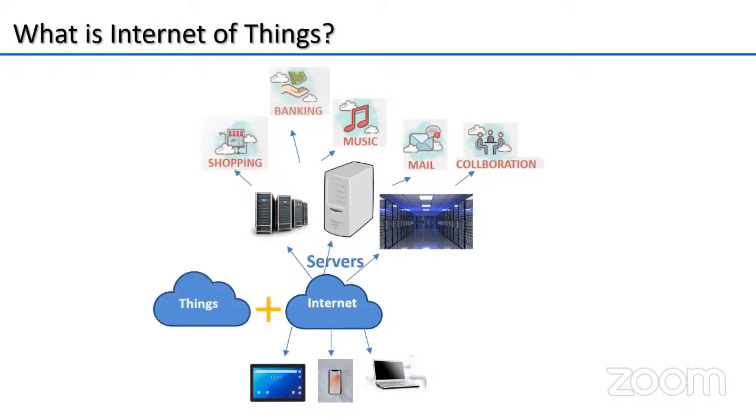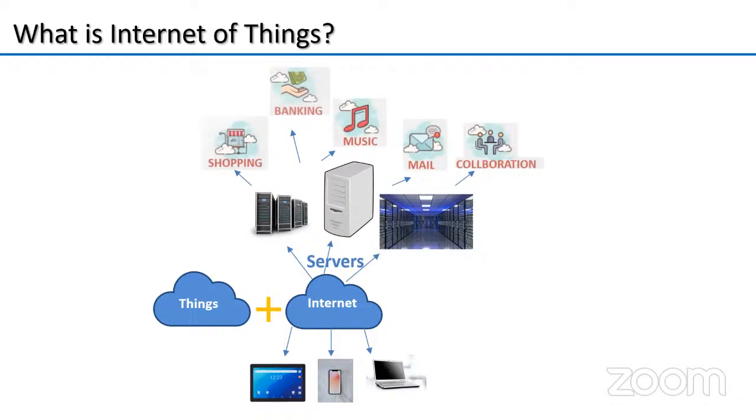Let's discuss things. We have multiple things, right? Right now we have multiple things surrounding us: our desk, chair, AC, light, mobile phone, laptop. But for things that are considered in IoT, suppose we have a water bottle.